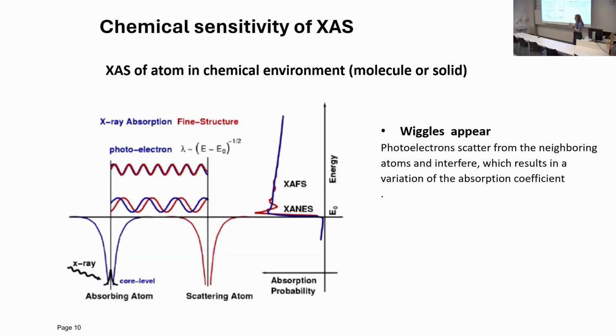But once we have a local environment, once there are neighboring atoms, the photoelectrons produced during the X-ray absorption process get scattered on the neighboring shells, on the nearest neighbors, and this produces the oscillation of the absorption coefficient, which can be decoded afterwards. So from the spectrum, we can get to the structure.